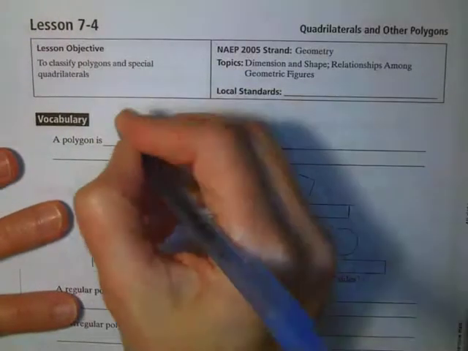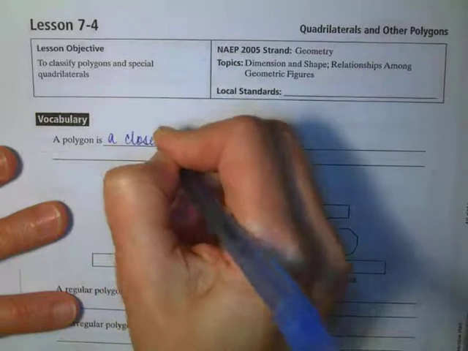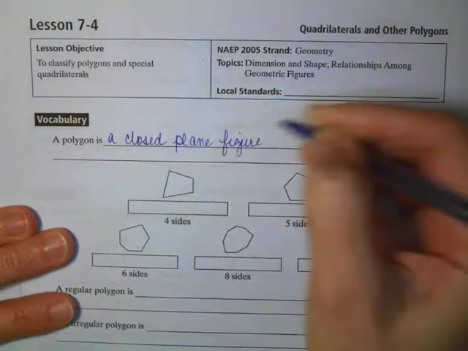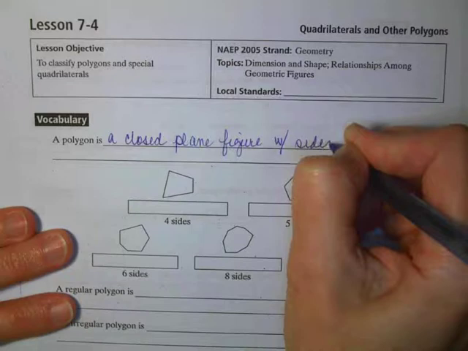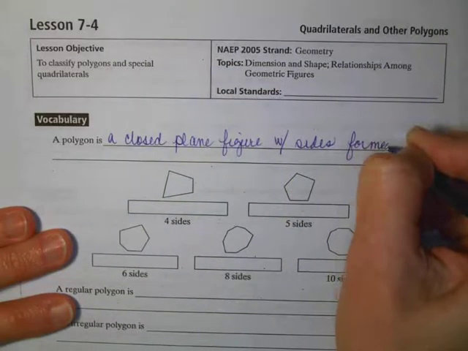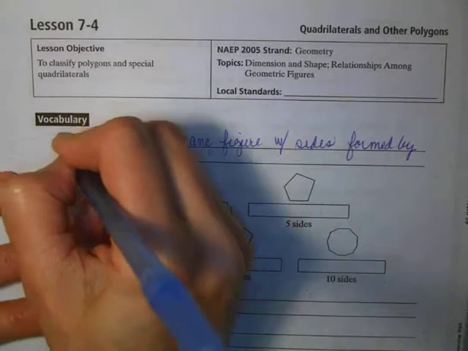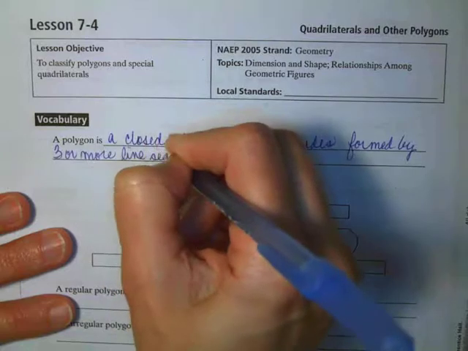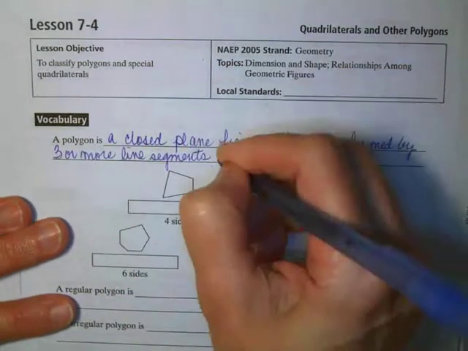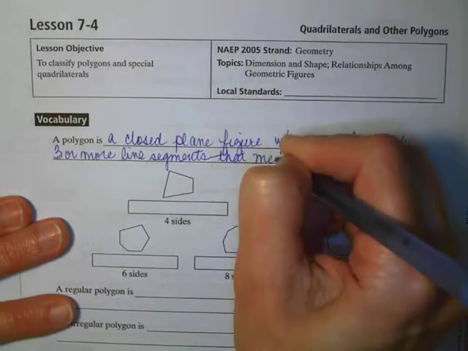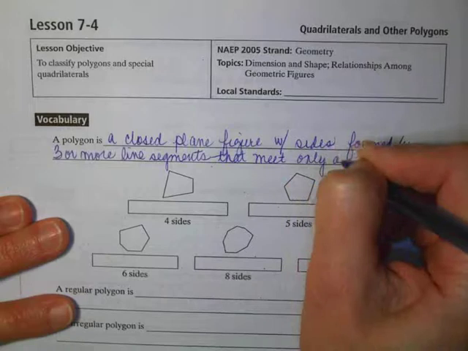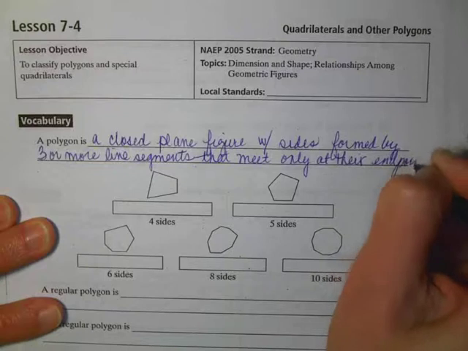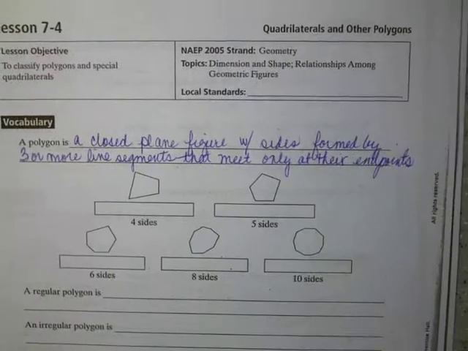First of all, a polygon is defined as a closed plane figure with sides formed by 3 or more line segments that meet only at their endpoints. Okay, in other words, they don't really cross each other, they just meet at their endpoints.